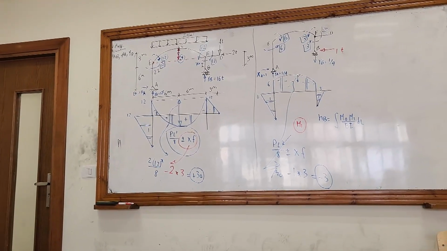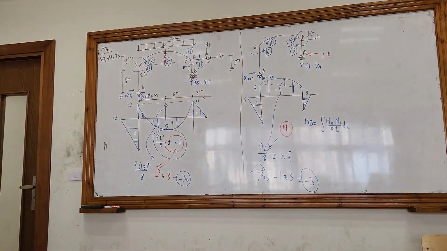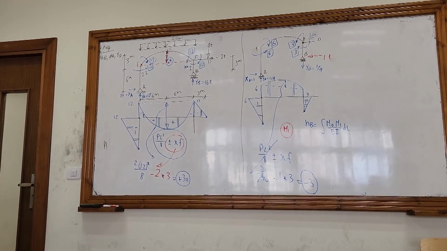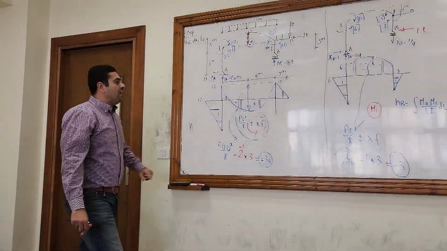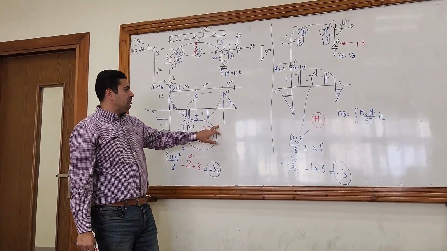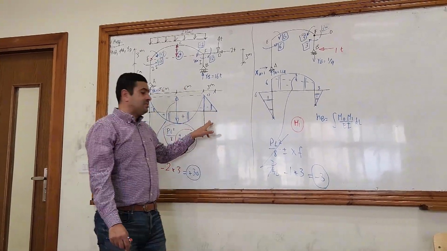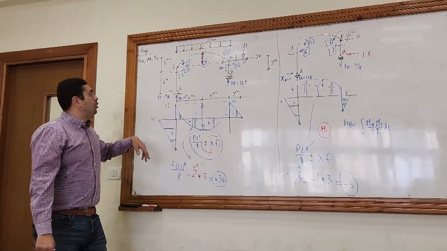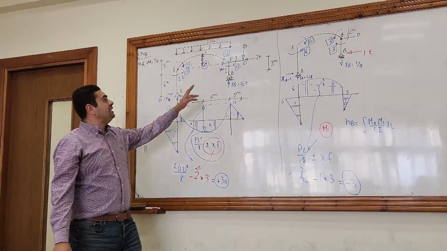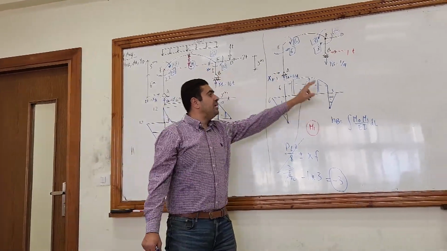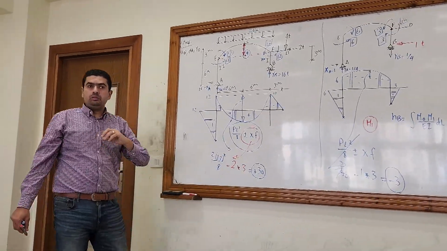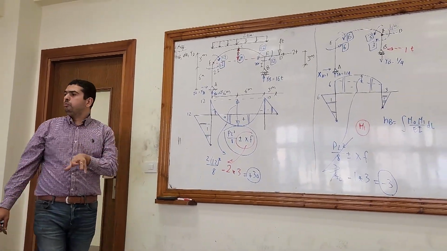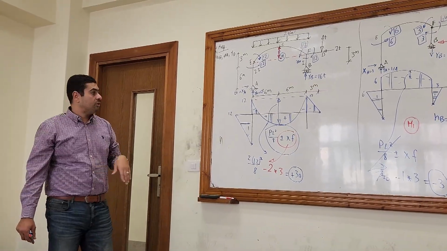Here I have 4 members, AE, EF, FB, and FD. For FB, no moment here, so it will be excluded. For FD, no moment here in M1, so it will be excluded. So I have only 2 members that will be included in the integration.